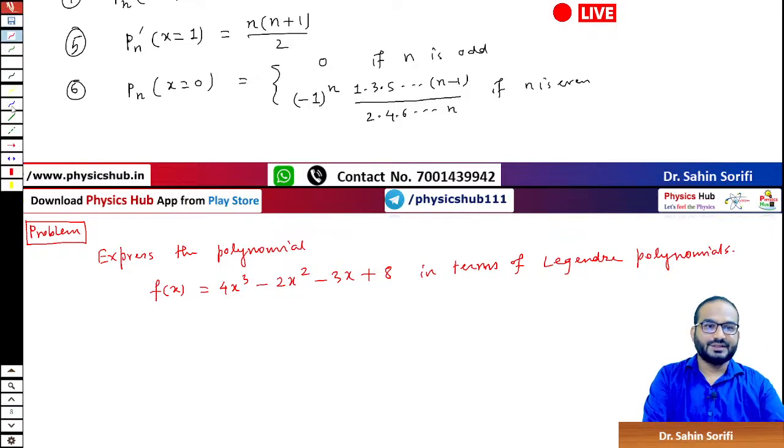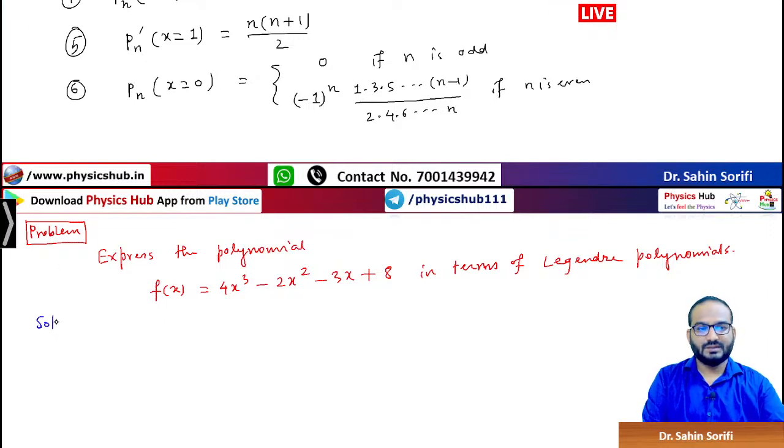As you can see, the maximum power of x here is 3. So we can use up to p3x, that will do our job.